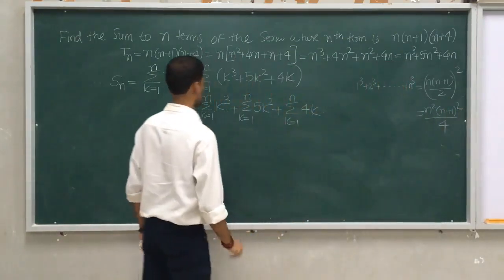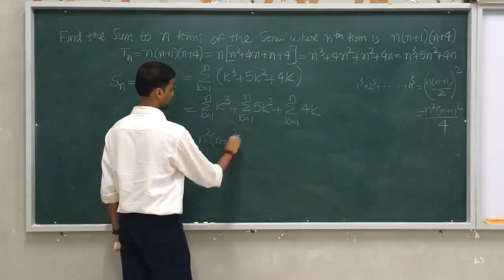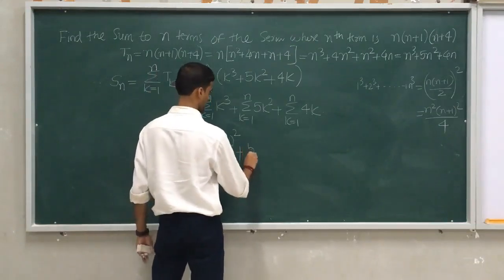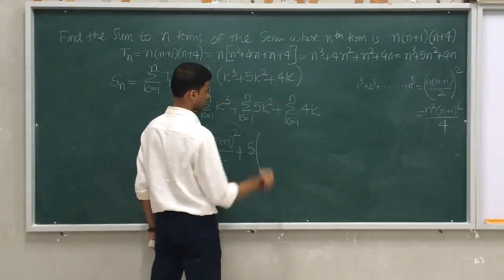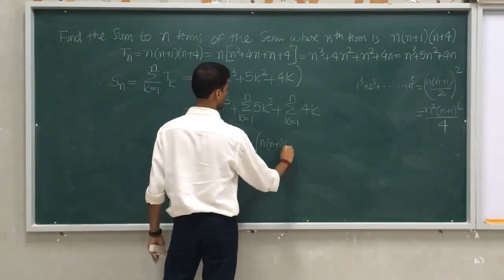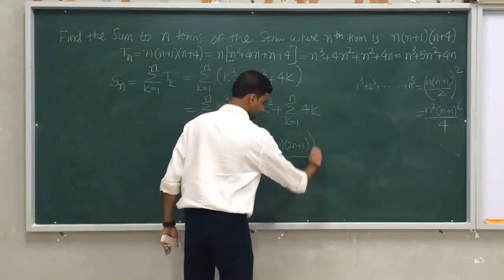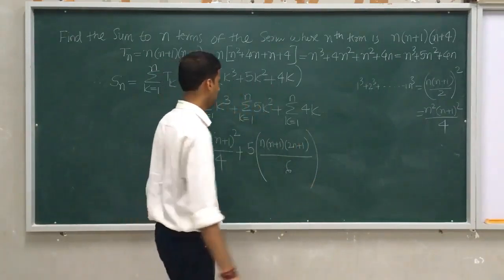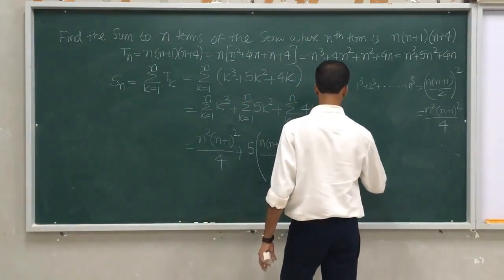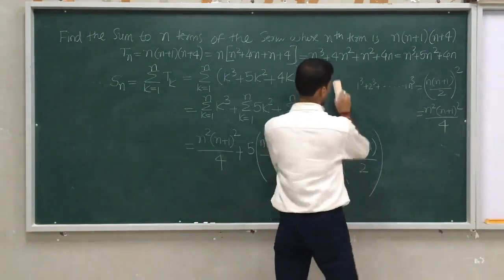So you can say this thing as n square into n plus 1 the whole square by 4 plus 5 times of, already you know this, n into n plus 1 into 2n plus 1 by 6, right? Next, 4 times of n into n plus 1 by 2, right?